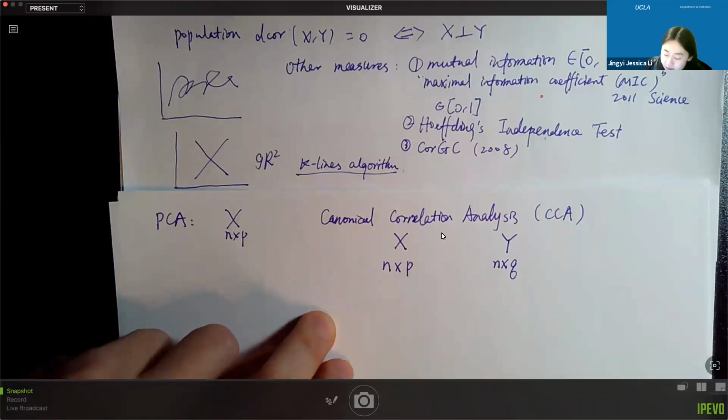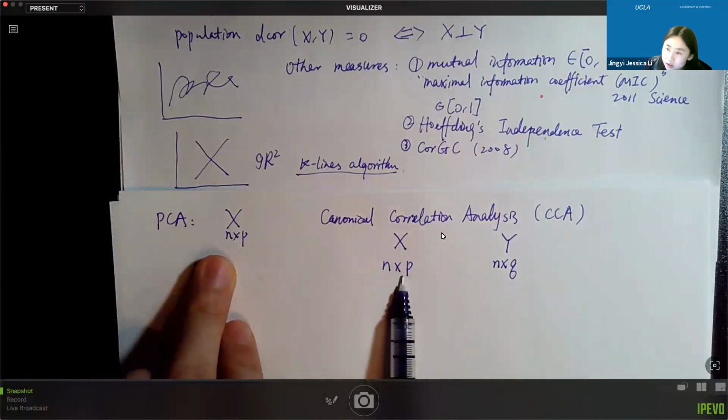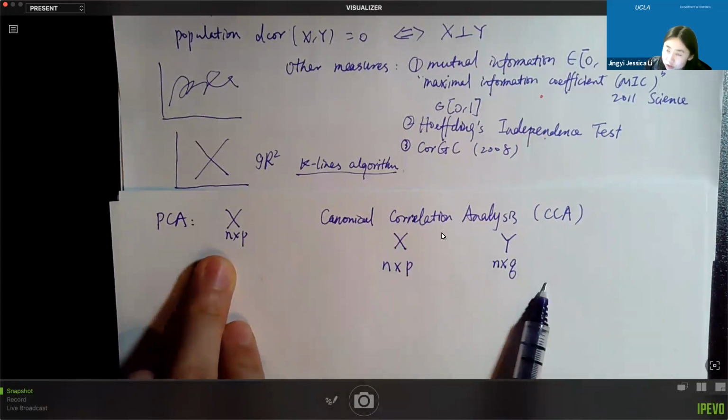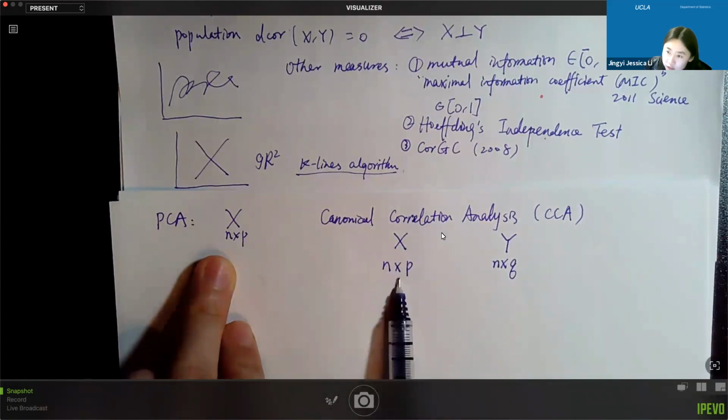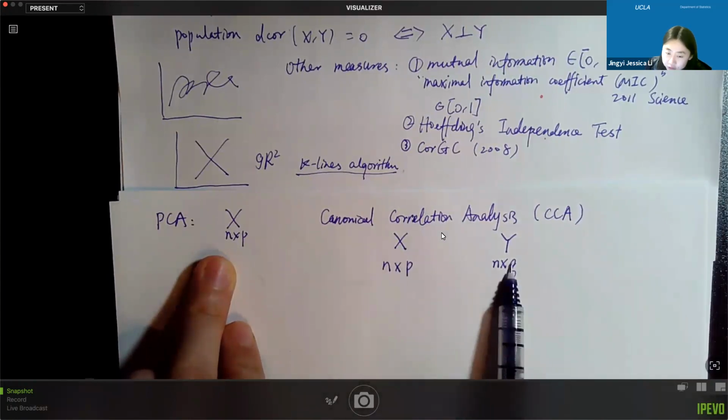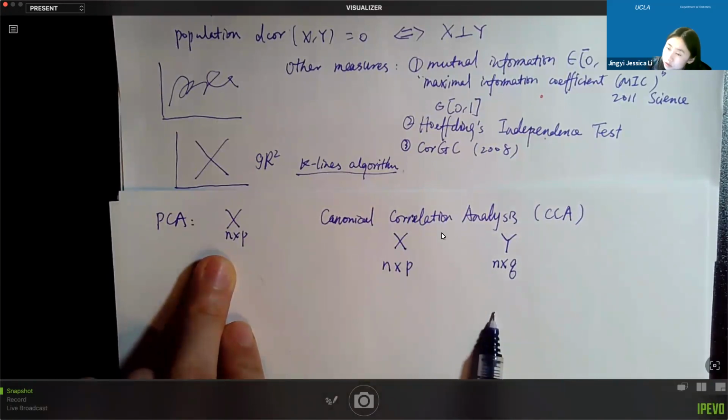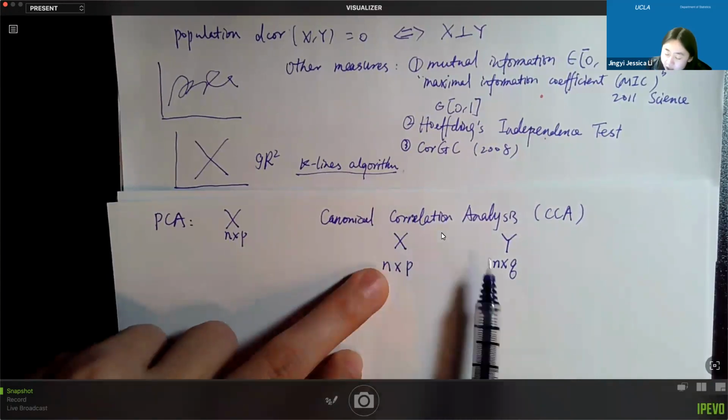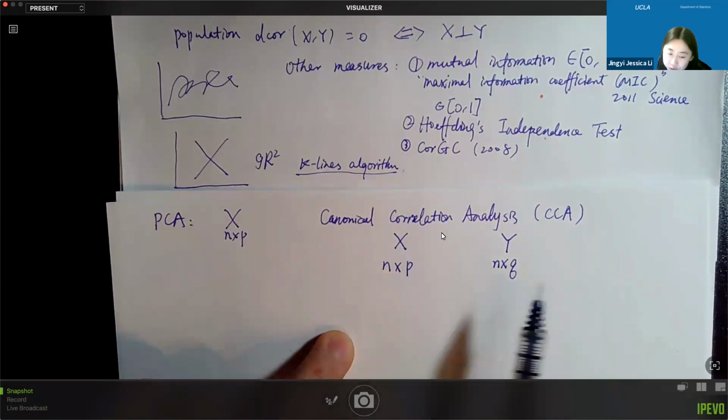CCA is assuming that, just like PCA, you may not be really interested in the original p features and q features, and you are okay with combining the p features into a new feature and combining the q features into a new feature, so that you can just compute on X and Y based on each new feature. That's the idea.